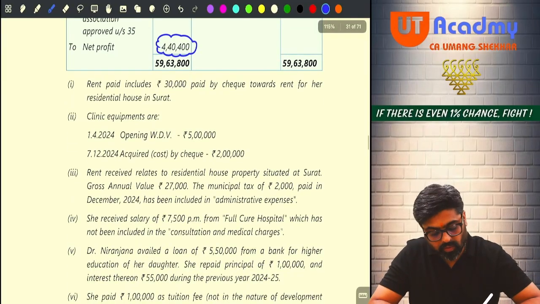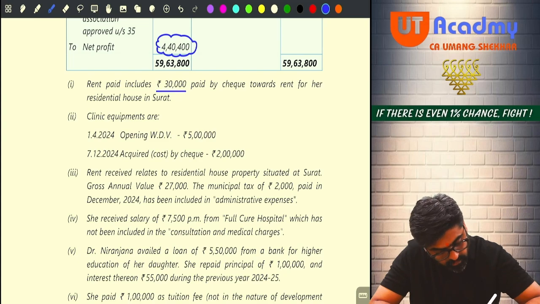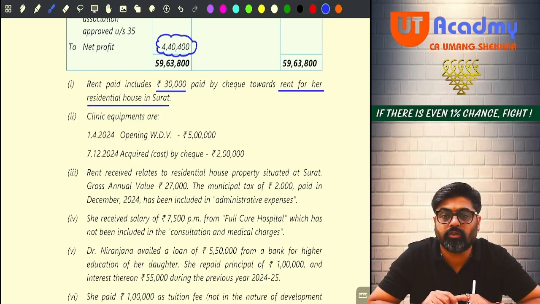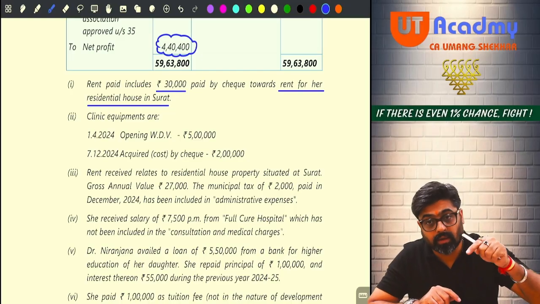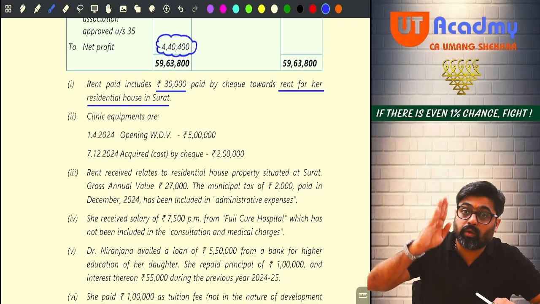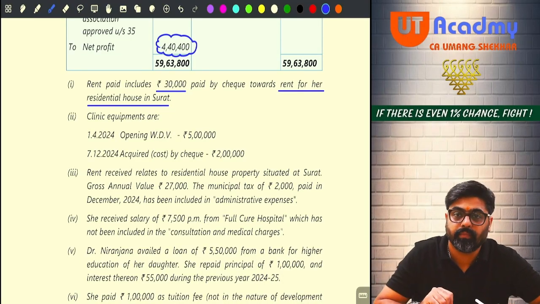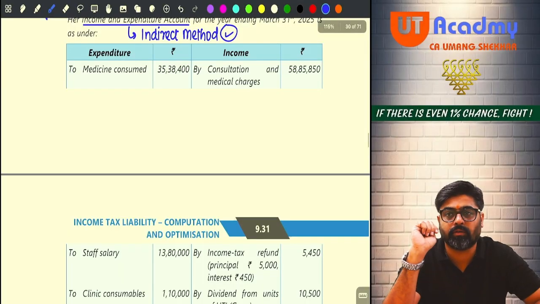Rent paid includes 30,000 paid by cheque towards rent for her residential house in Surat. Meaning she is paying rent for residence, and that 30,000 rupees is paid by cheque. That is included in the rent above. So that entire rent appearing there is not related to business.